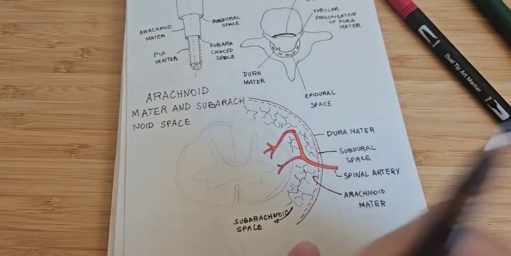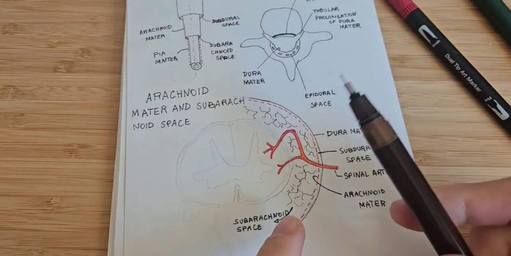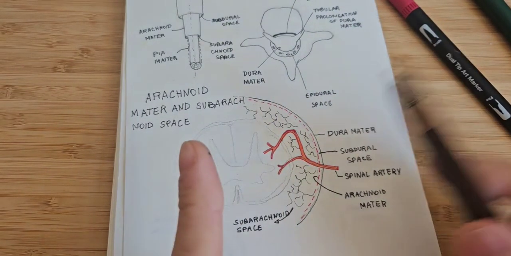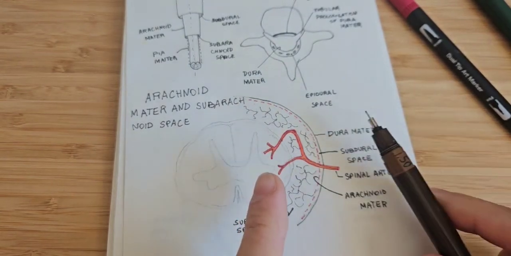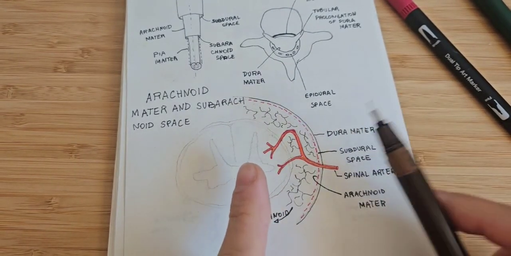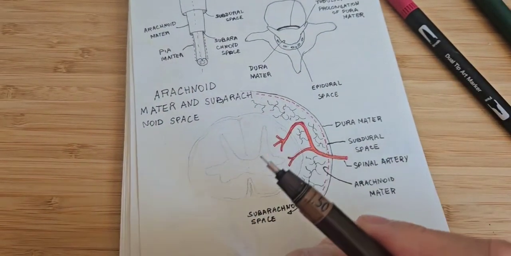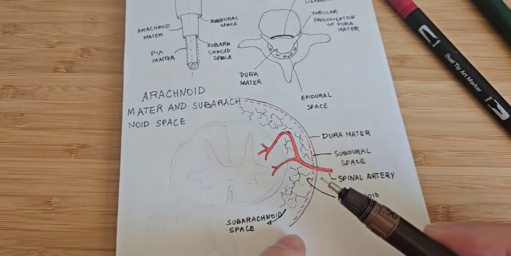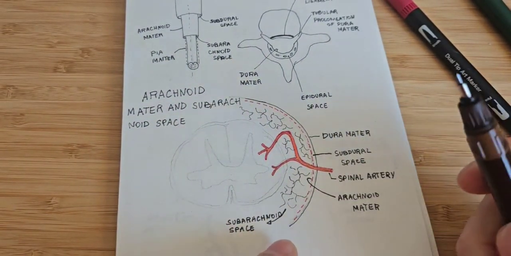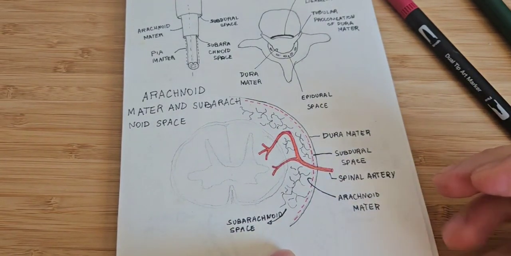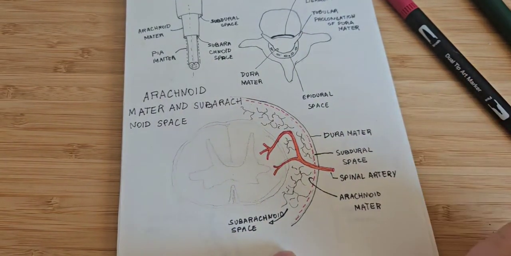I already showed you last time. If you didn't watch the video, I highly recommend you access my YouTube channel and have a look at it. The spinal artery is closely associated with the meninges as well.